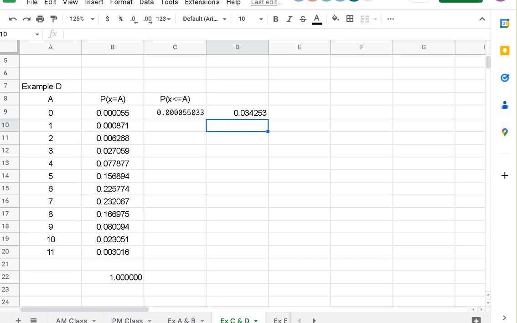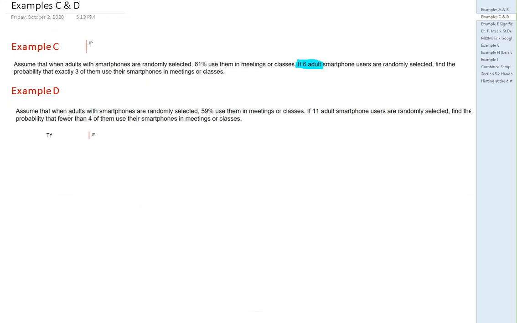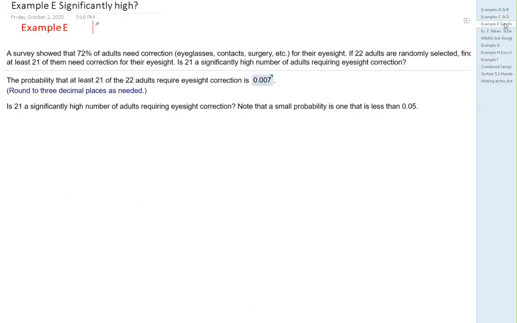Let's keep rolling. Let's try example E. A survey showed that 72% of adults need correction, that is eyeglasses, contacts, surgery, etc., for their eyesight.